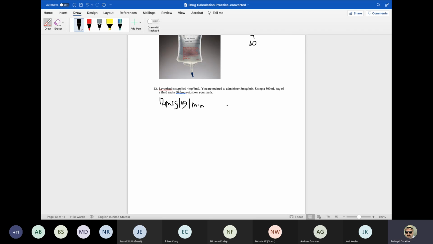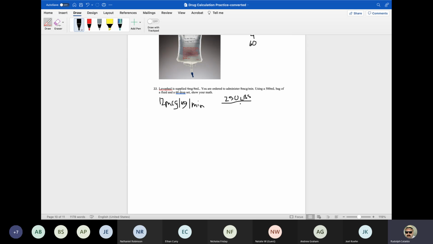But we need to figure out the person's weight because we see kilograms there. So how much does this person weigh? 250. Okay, 250 pounds. Let's break that into kilograms.